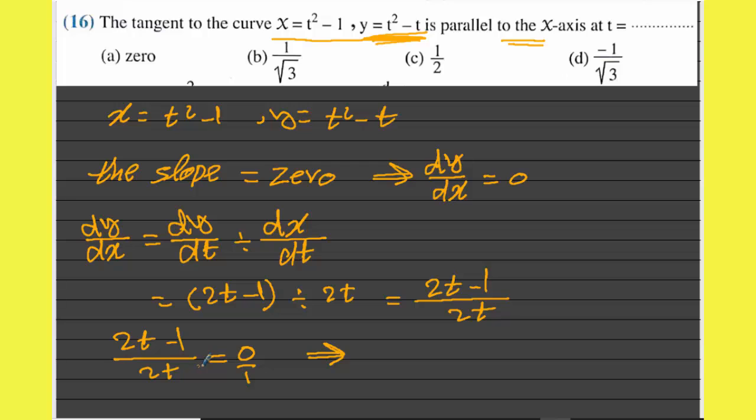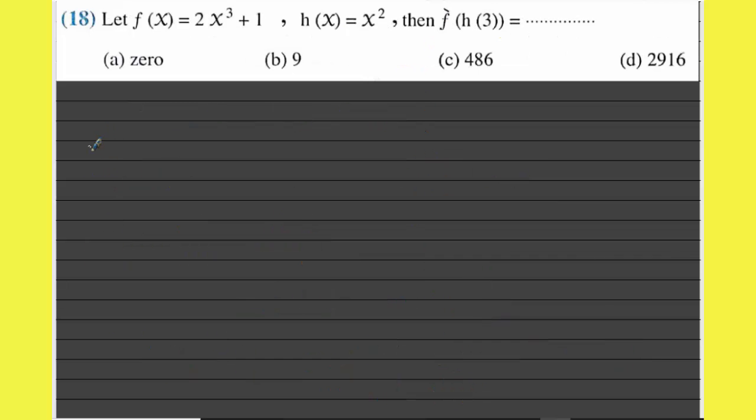Cross multiplication: 2t minus 1 multiply 1 equals 2t multiply 0 equals 0, which implies 2t equals 1, which means t equals half. And the result is letter C.